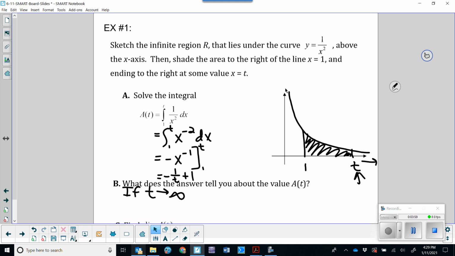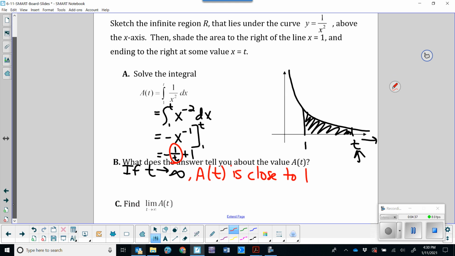Well, if t goes to infinity, you'll have 1 over infinity, which is 0, and so we get 1. So what that tells me is A of t equals 1 if I'm going to infinity. A of t, if t is not infinity, is close to 1 for large values of t, and that's the idea.